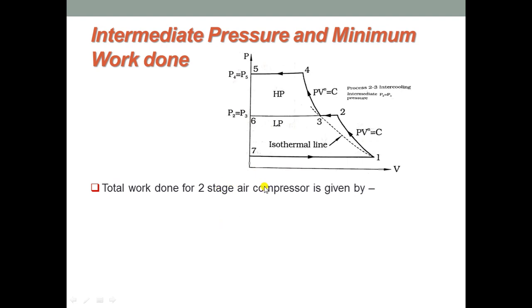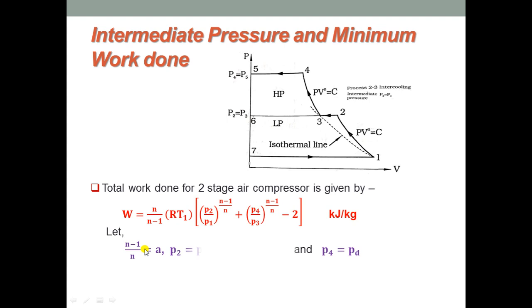Therefore, the total work done by two stages, LP plus HP, is given by this expression, as you can check with the single stage derivation part. Let us take (n minus 1) by n equal to A for simplification. P2 is equal to P3 is equal to Pi. You can observe this in your PV diagram.